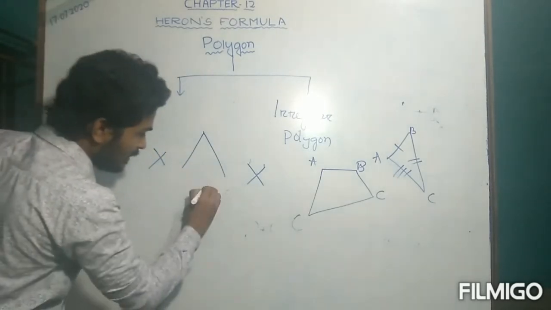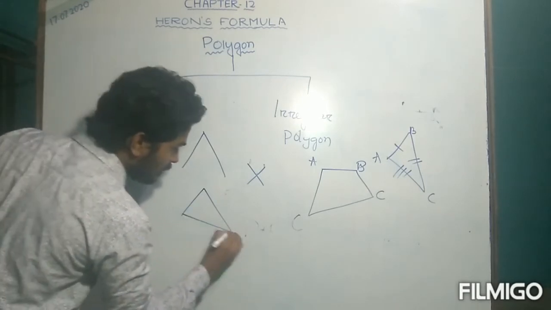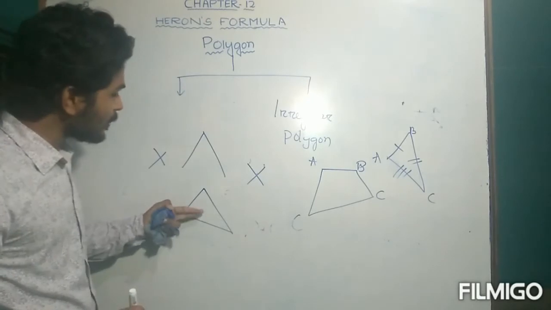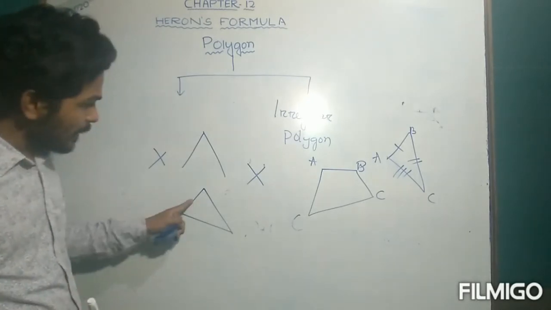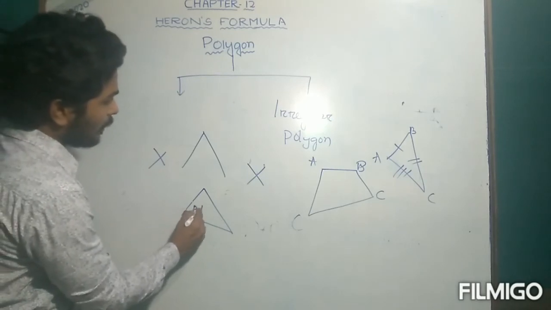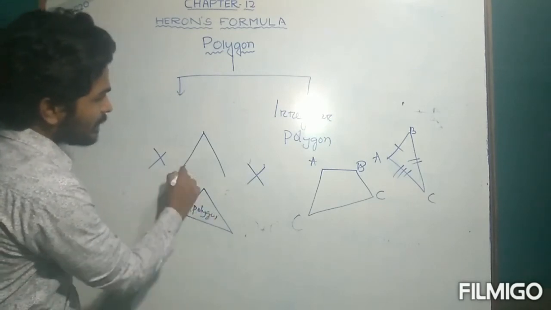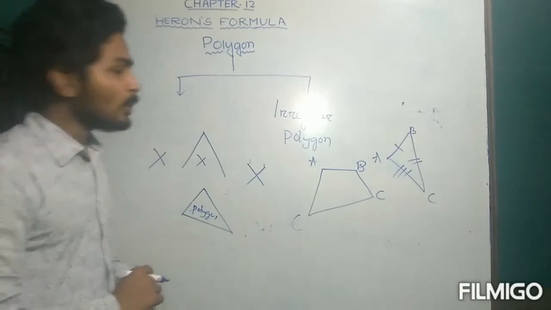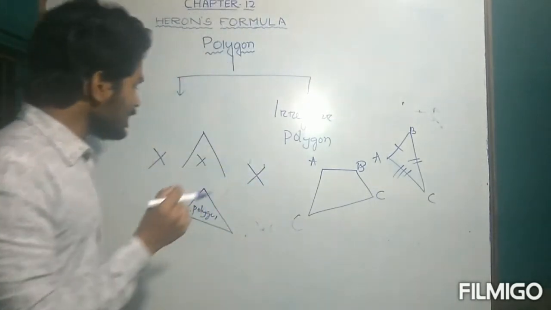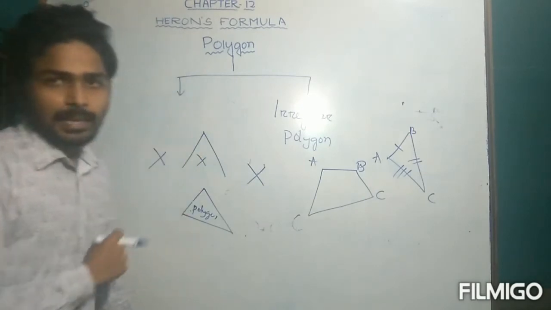See, 1, 2, 3. And it is a closed figure, and this figure is known as a triangle, and it is made up of straight lines, so it is a polygon. So in order to form a polygon, we need at least 3 straight lines.